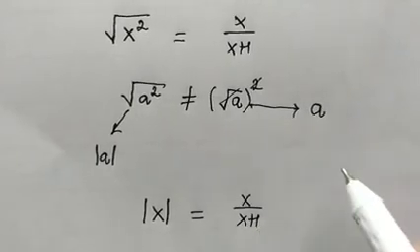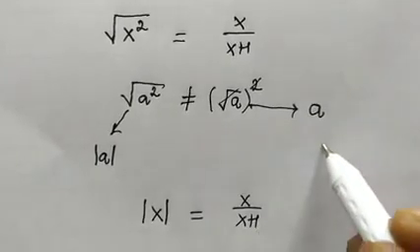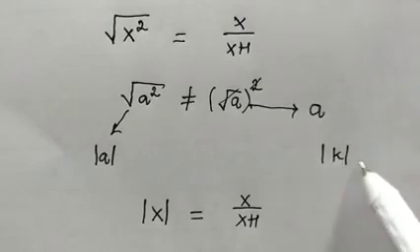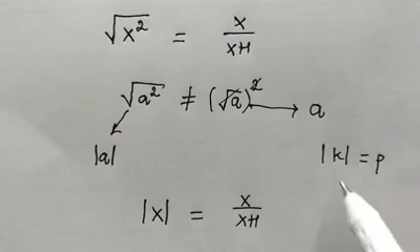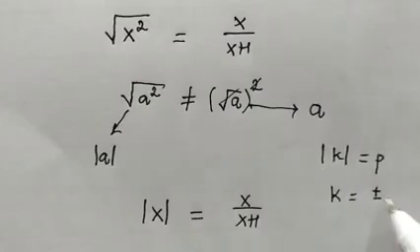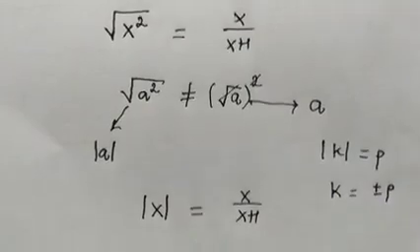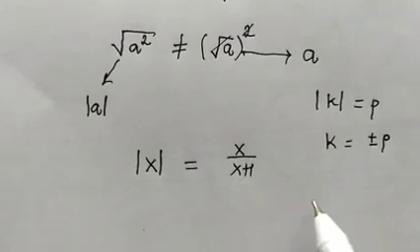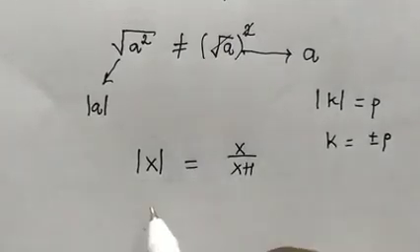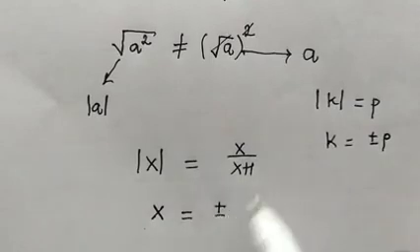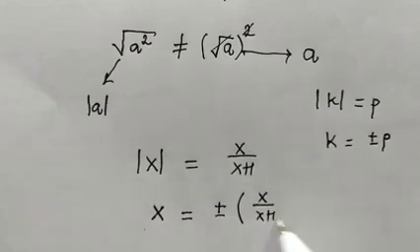Okay, so now take note of the following. When we have that the absolute value of k is equal to p, this means that k is equal to both plus or minus p. So take note of this. So from here we have that x is equal to plus or minus x all over x plus 1.